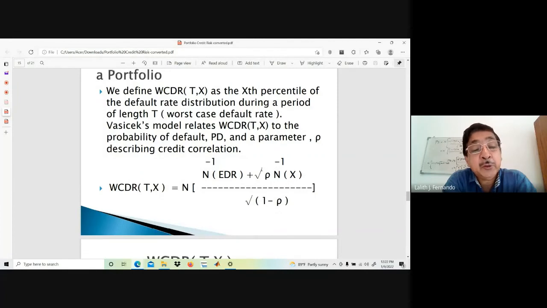And for that, you need to give a confidence level also. So then, if that confidence level goes to 99.9, the meaning is you are 99.9% sure that your default rate would be this.